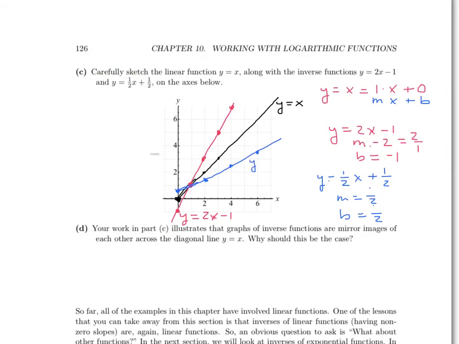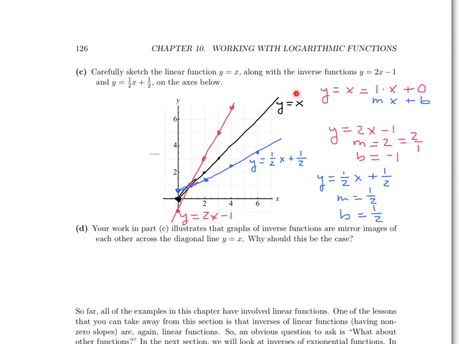So this is the line y equals 1/2 x plus a half. Now let's look at part D. Your work in part C illustrates that graphs of inverse functions are mirror images of each other across the diagonal line y equals x. Well, let's go back and look at that.